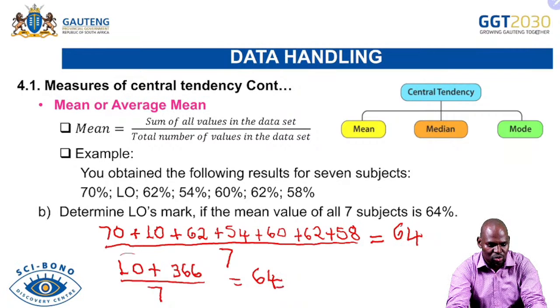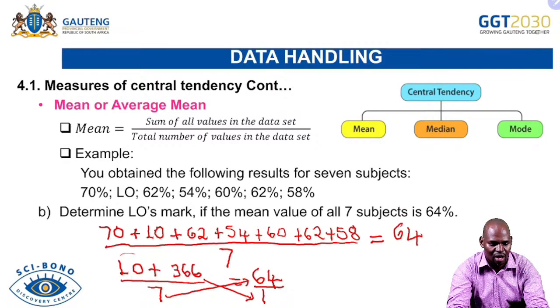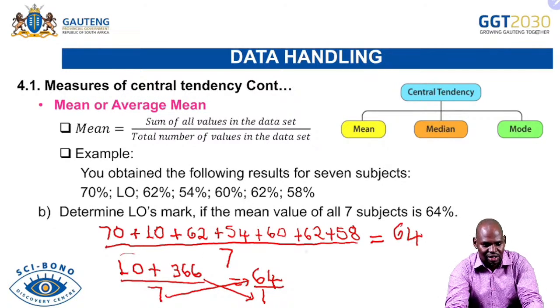So what we do for this one is cross multiplication. Most of you know about cross multiplication, or use any other method that you understand better. When I cross multiply, the top one multiplied by the bottom one, I still get LO plus 366.